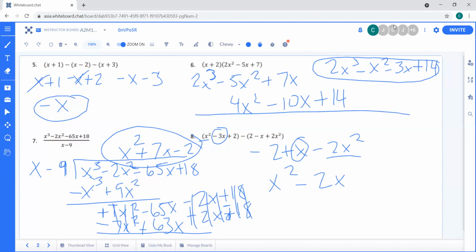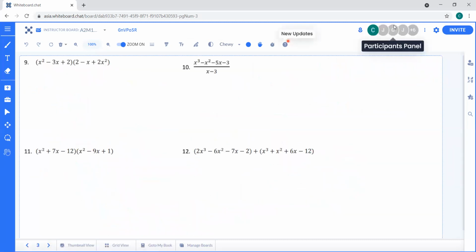Leaves you with negative x squared minus 2x. Oh, negative x squared? Yeah, negative x squared. All right, page 3.